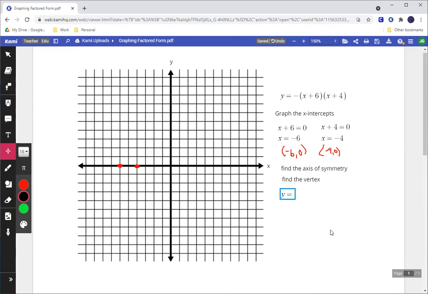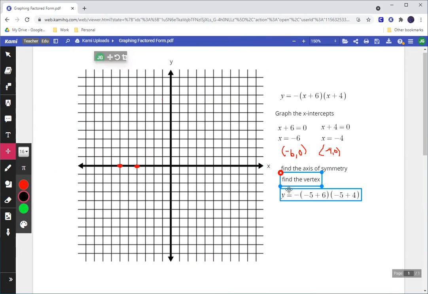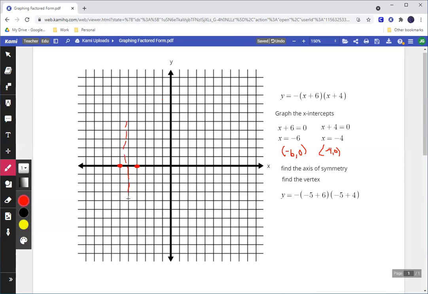And we know y equals -5 plus 6, times -5 plus 4. Because we knew that the axis of symmetry was at -5, we know the center is at -5. We can substitute in -5 for x. That's going to give us a point somewhere along this line. And whatever that point is will be the vertex.